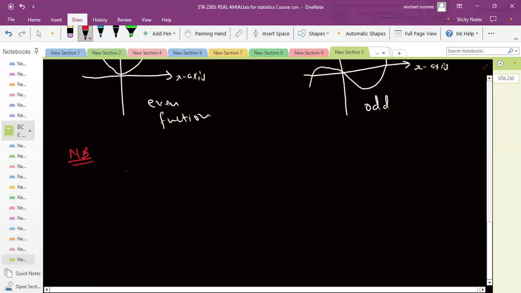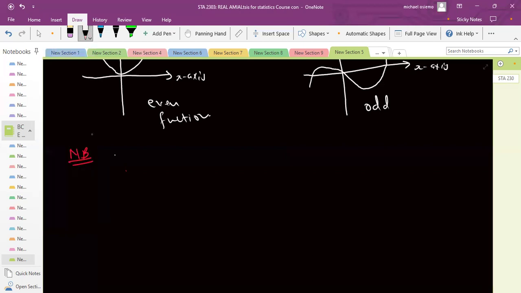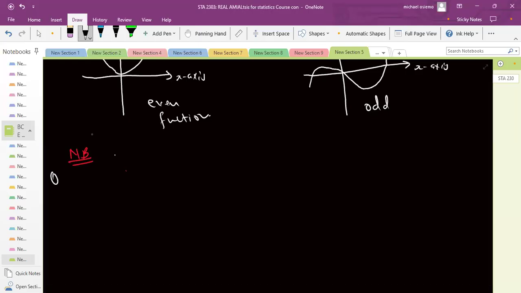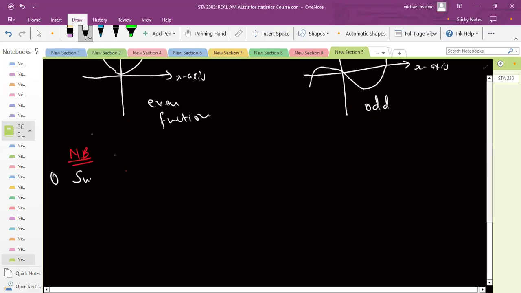Number one is that sums of odd powers of x are odd. So we say sums of odd powers of x are odd.